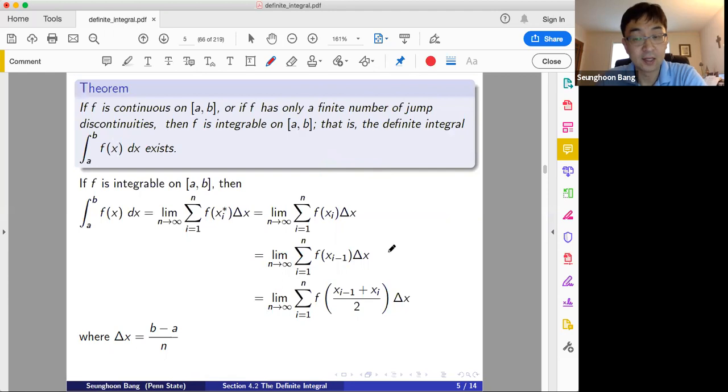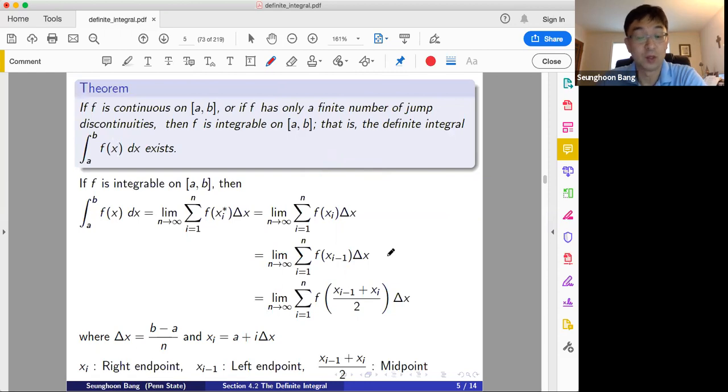Delta x is (b minus a) over n. The xi is a plus i times delta x. Xi is the right-hand point, xi minus 1 is the left-hand point, and (xi minus 1 plus xi) over 2 is the midpoint. So we have these possibilities.